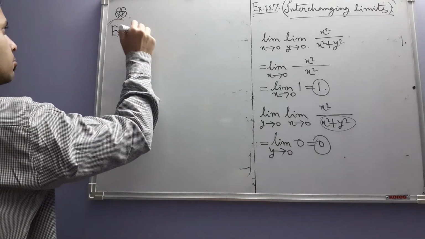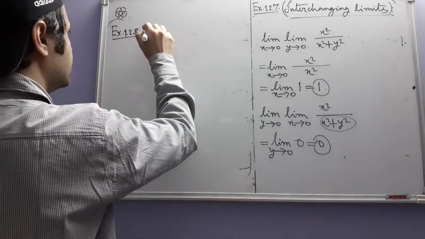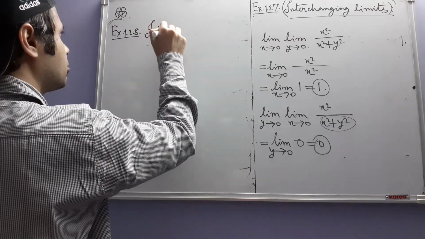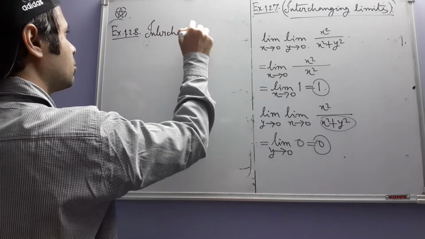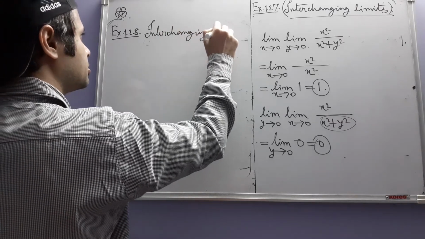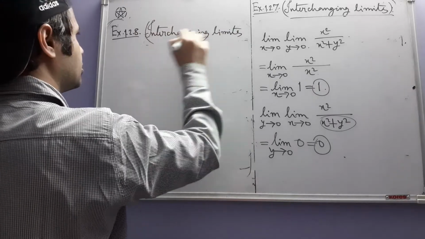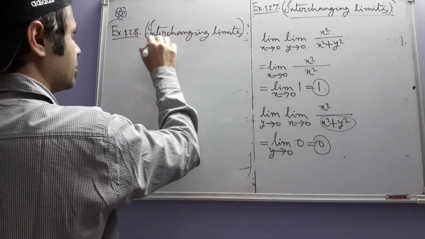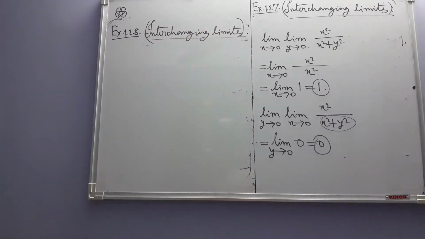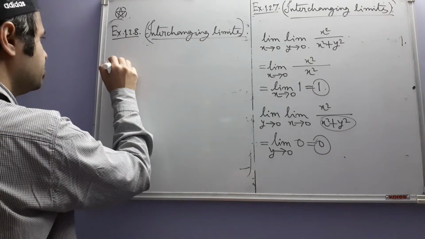Example 1.8. Again, interchanging limits, but here the limits we want to interchange are somewhat different in nature.